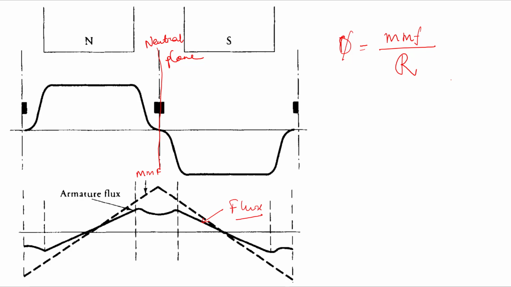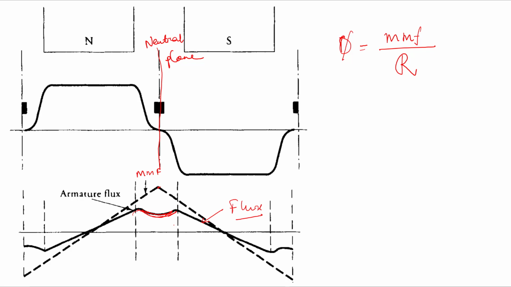Therefore there is a difference in the shape we can see here. At the neutral plane, the flux is reduced, whereas MMF is the same. MMF is increasing, again it is coming down in the south pole. But we can see the flux actually has a shape like a saddle point, right?